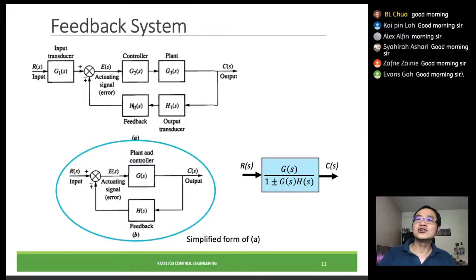But for sure we may not be able to model every single component, right? So it depends on the influence being put into the effect on our system itself.